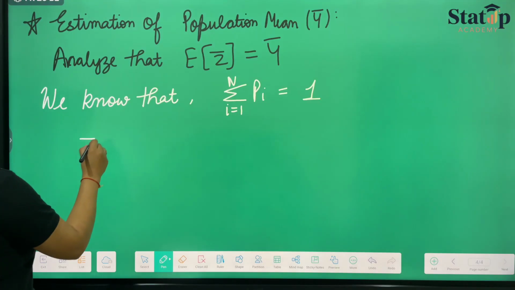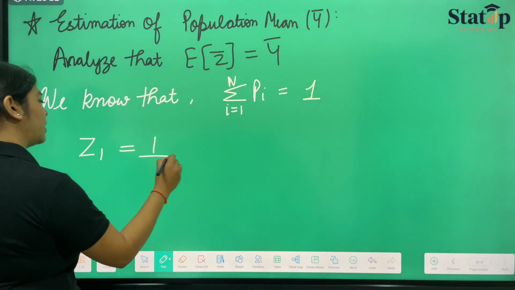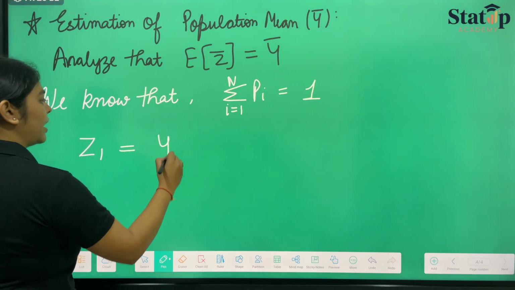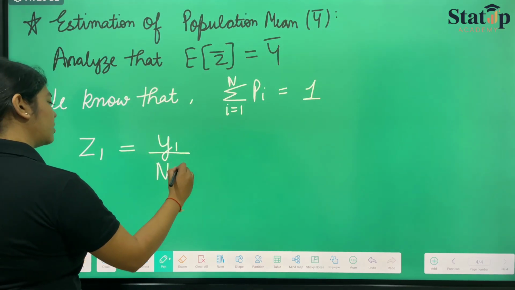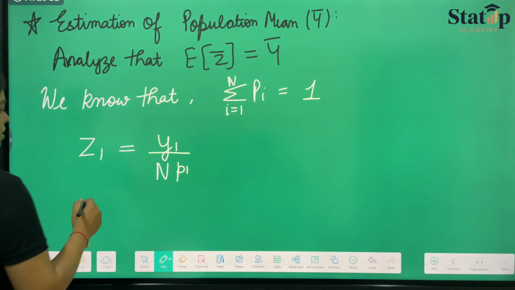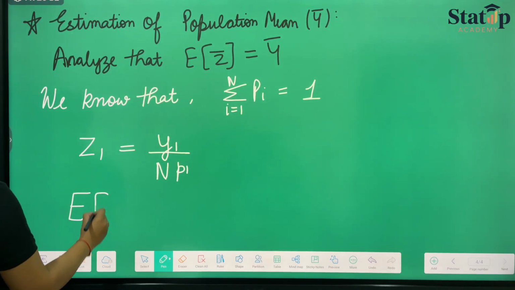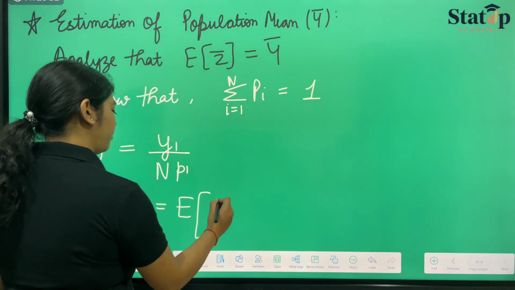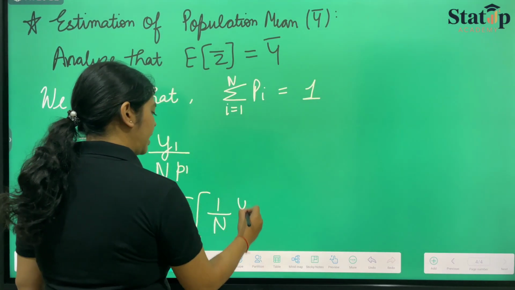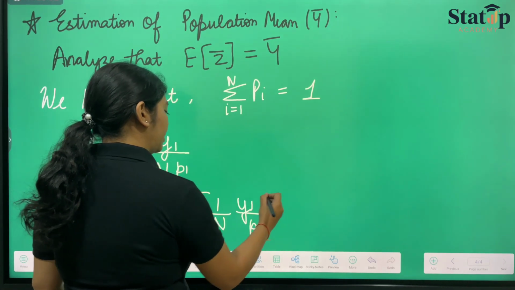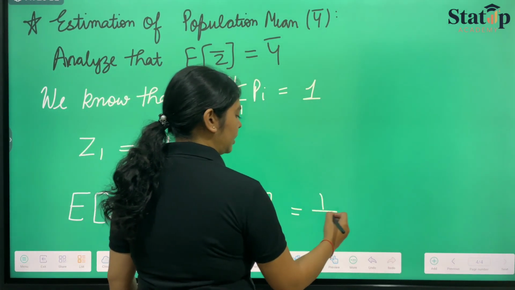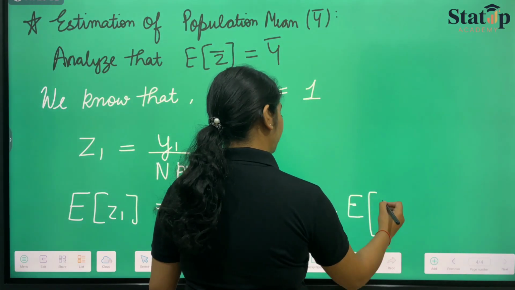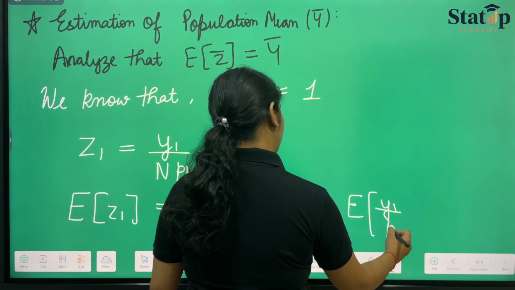So we'll take z1 first. Z1 was nothing but 1 upon n times y1 upon p1. So the expectation of z1 can be written as the expectation of 1 upon n times y1 upon p1. This 1 upon n is constant, it will come out, and we are left with the expectation of y1 upon p1.